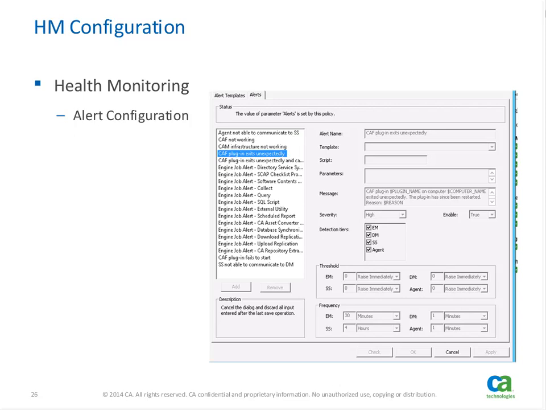You may want to have multiple configurations of CAF plugin exits unexpectedly, or different parameters, based on what subnet it's on, or there's obviously multiple reasons why you might want to have them different.